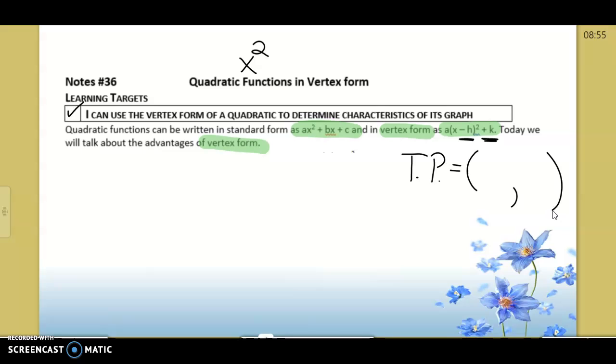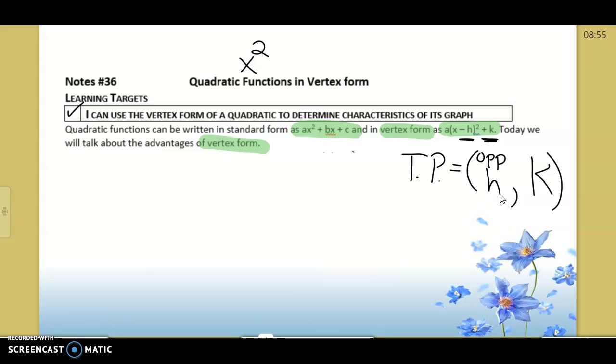So the k value comes out the same. So whatever k is, that's what it is. But the h value is always the opposite. So OPP, opposite h value. And so that is going to be helpful for us when we talk about this today.